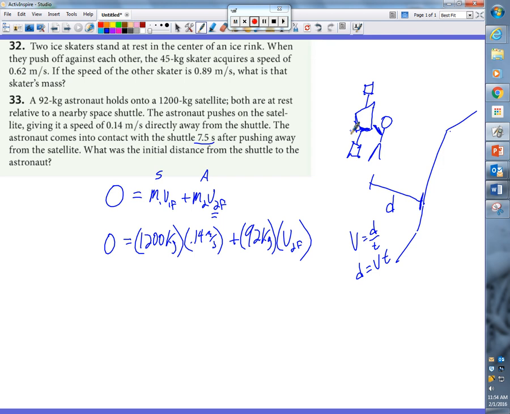We should expect both of them, after they get pushed away, to have oppositely directed velocities, so one should be positive and one negative. If you make this one negative, that'll come out to be positive. It doesn't really matter as long as the two wind up having opposite signs. So doing our algebra, v2 final is going to be equal to negative 1200 times 0.14, negative because you have to subtract it from both sides, then divided by 92.